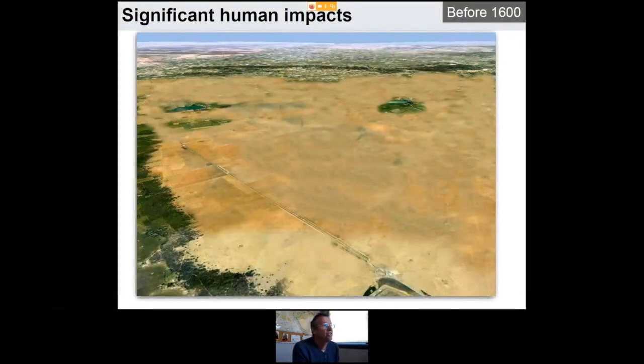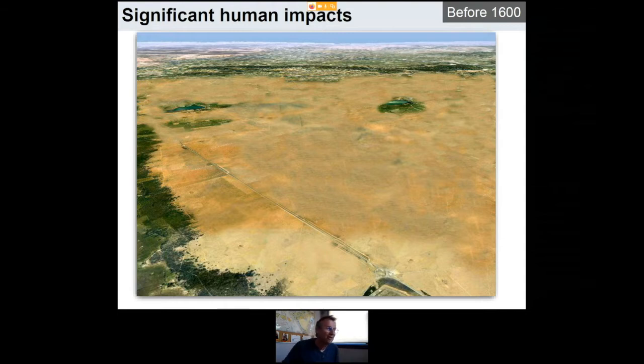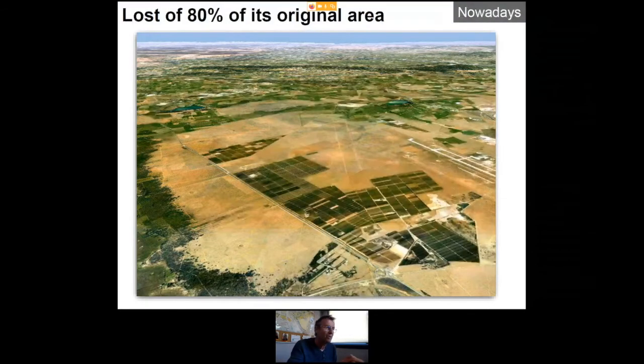So at the origin, it was a big steppe area of around 500 square kilometers, and you can see we tried to reconstruct the landscape of this grassland before the 16th century, and now we have something like that. We have lost more than 80% of the original area, and the total area, which was in one piece before the 16th century, is now more and more fragmented.